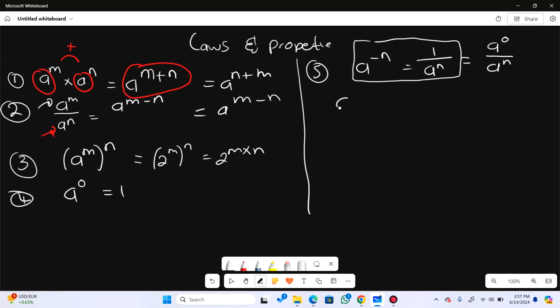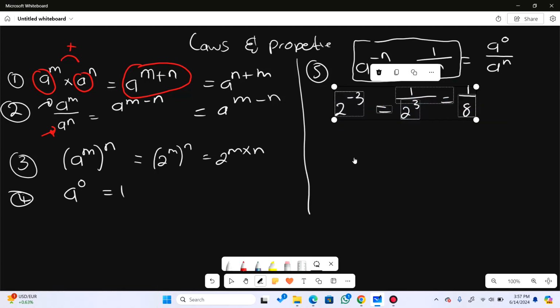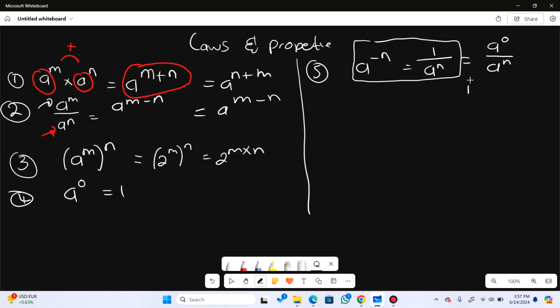So if I have 2 raised to the power negative 3, this will give me 1 over 2 raised to the power 3, which is the same as 1 over 8. So this property, property number 5, is very important.